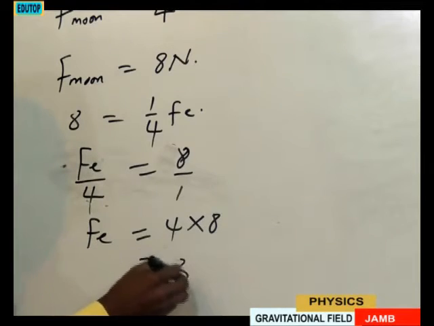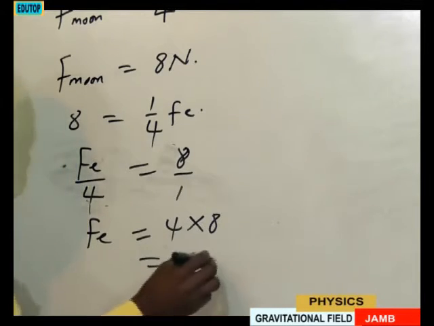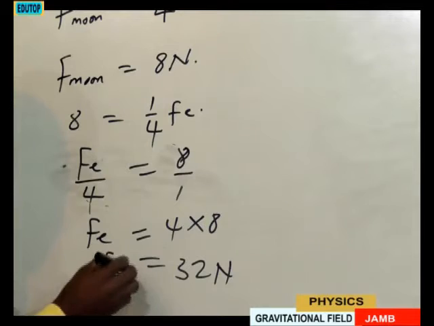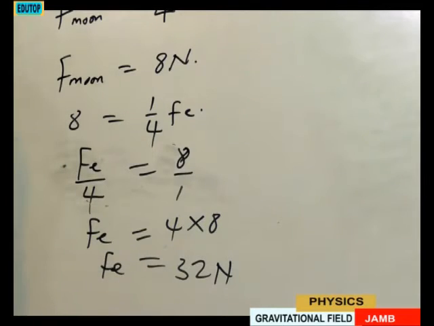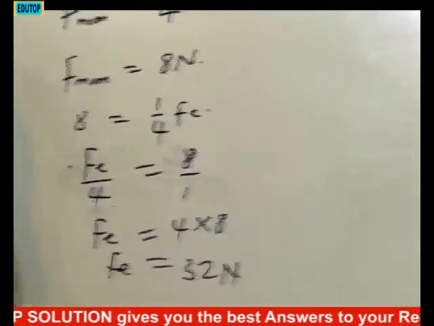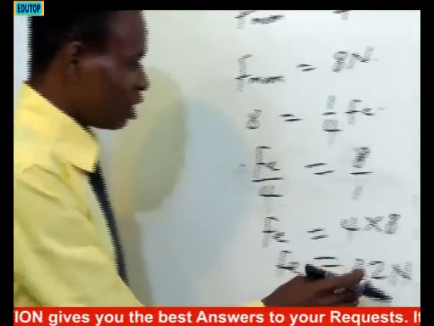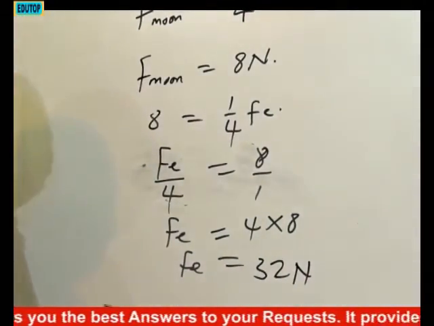And what we are going to have is 32 Newton. So the weight on the Earth will now be 32 Newton.